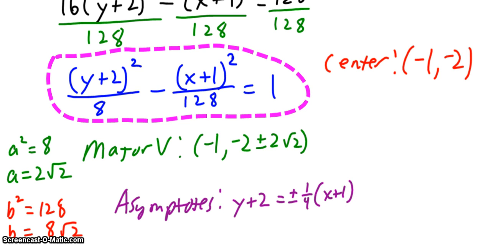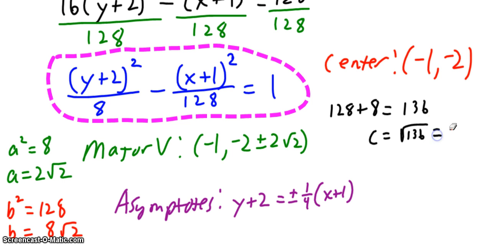And then the last thing would be the foci. So I know 128 plus 8 is going to be 136. So c is square root of 136, which is 2 root 34.